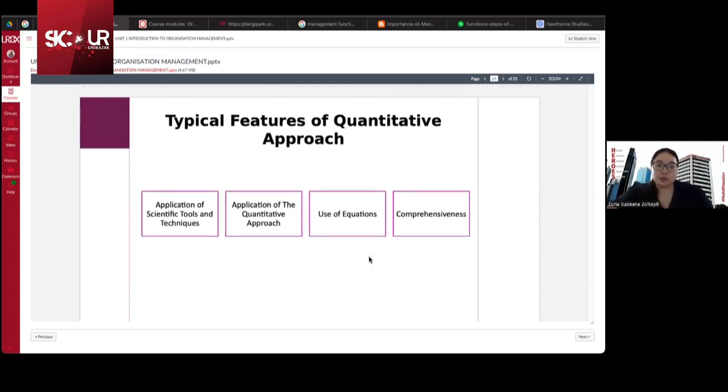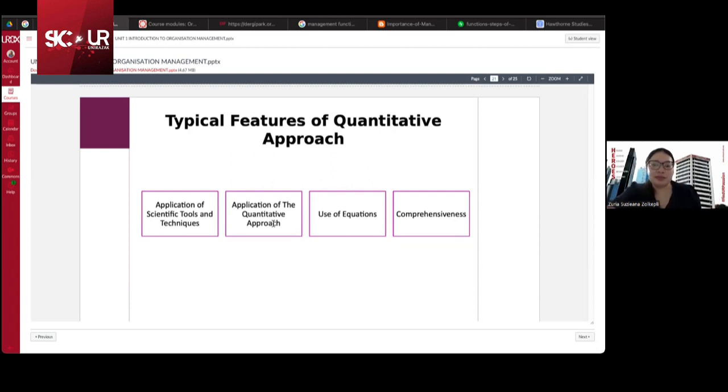Typical features of the quantitative approach are the application of scientific tools and techniques. We started to have much more analysis. For example, if you are in sales, you have software that calculates sales performance so you can manage your sales department. In marketing, for example social media, you have social media analytics to manage audience engagement, reactions, and so on.